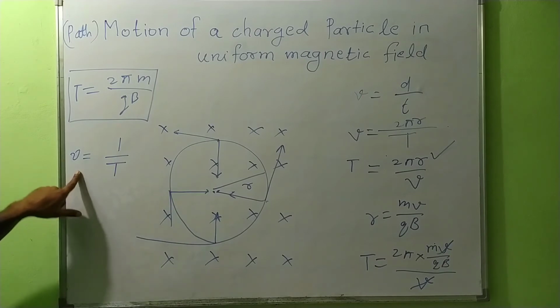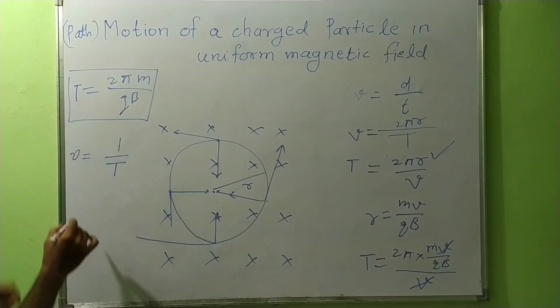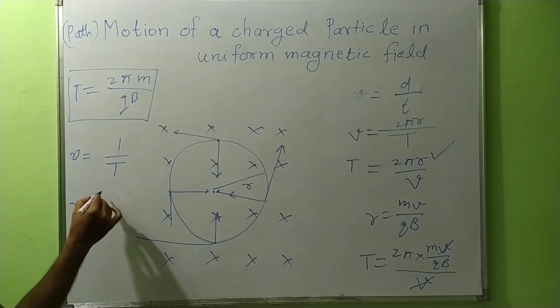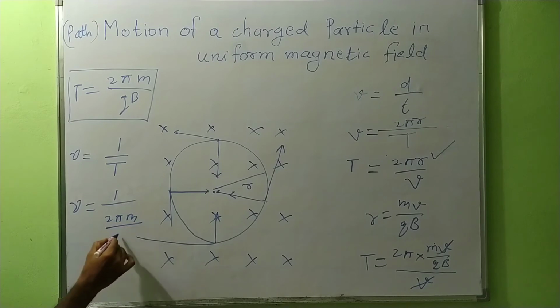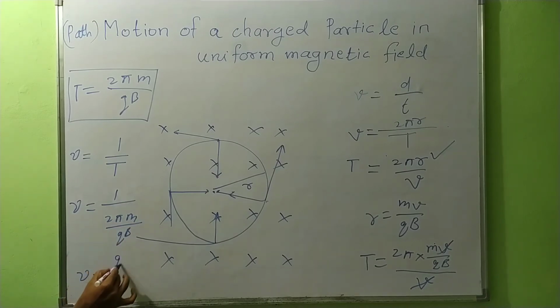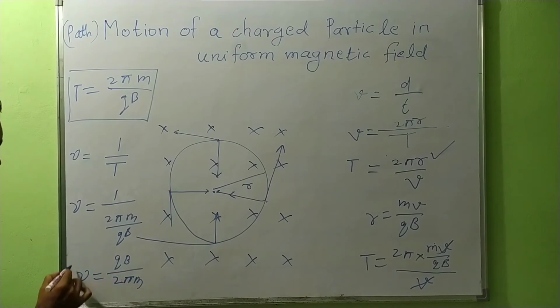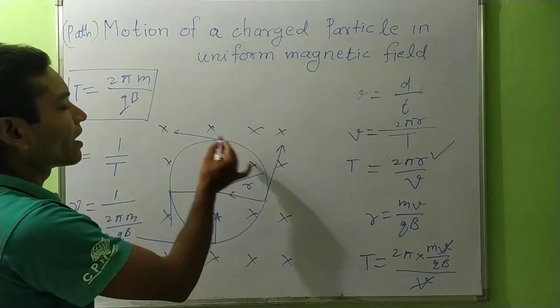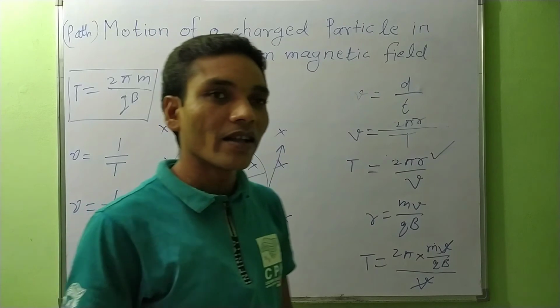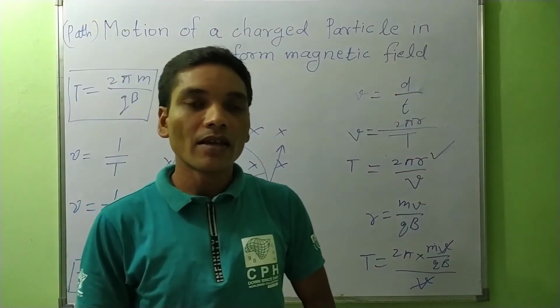So what will be the frequency on putting the value from this equation? So nu will be equal to 1 upon 2 pi m upon qB, or nu will be equal to qB upon 2 pi m. This is the frequency of this revolving charged particle in the uniform magnetic field. Okay, understood? It is very simple.